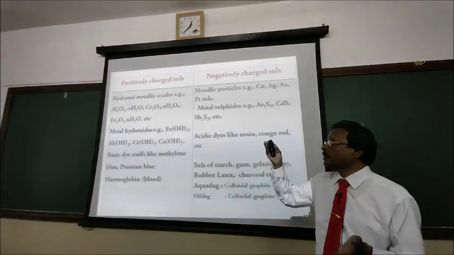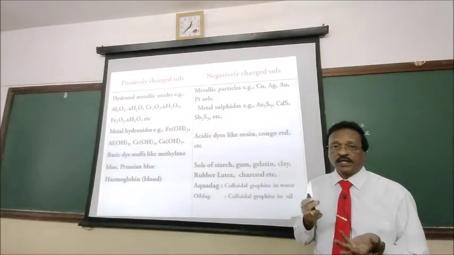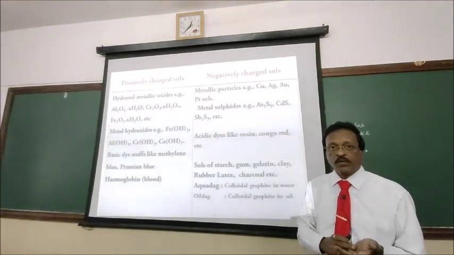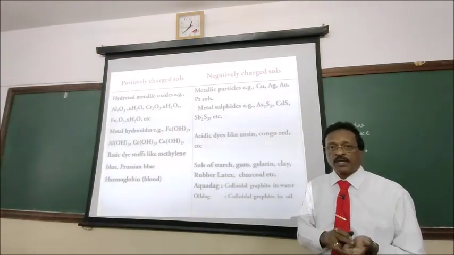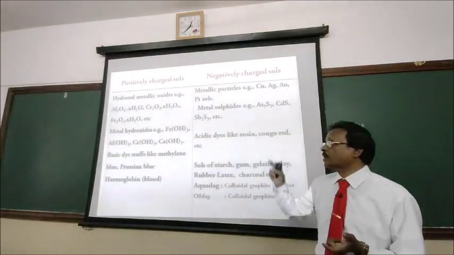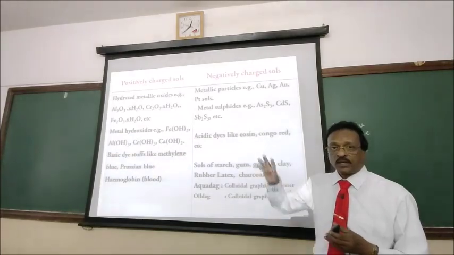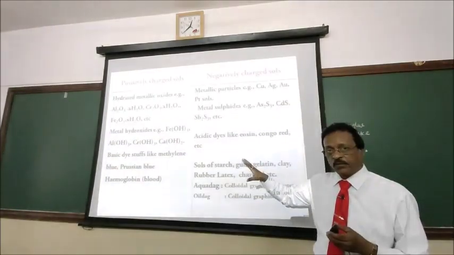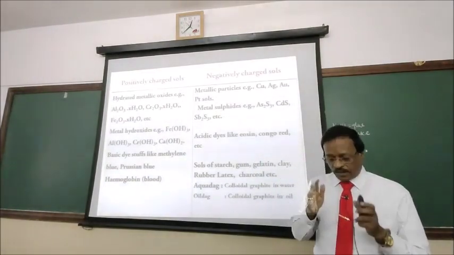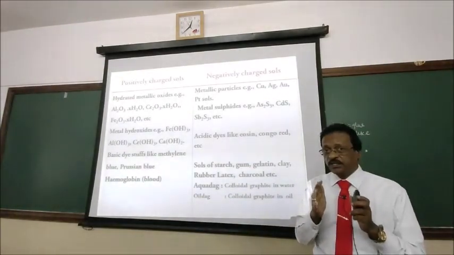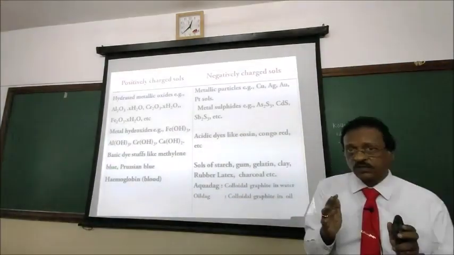Then I gave the properties of colloids: the kinetic property, Brownian movement; the optical property, Tyndall effect; and the electrical property, electrophoresis. At this juncture we can conclude that size is the criterion to classify a substance as a colloid.